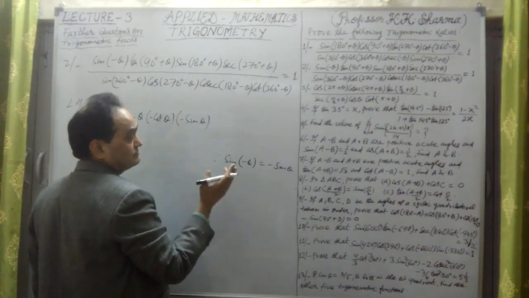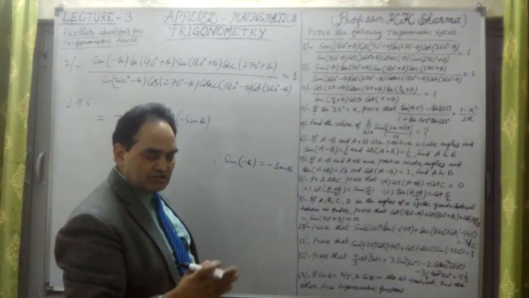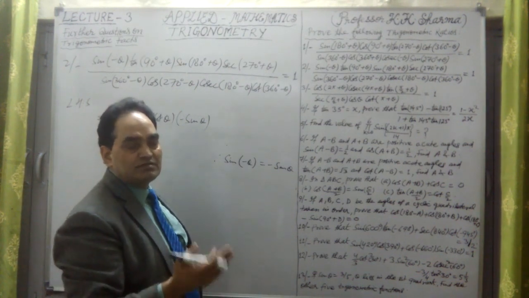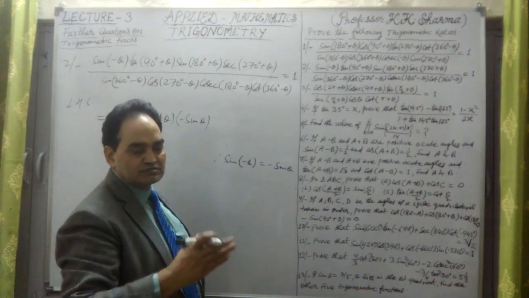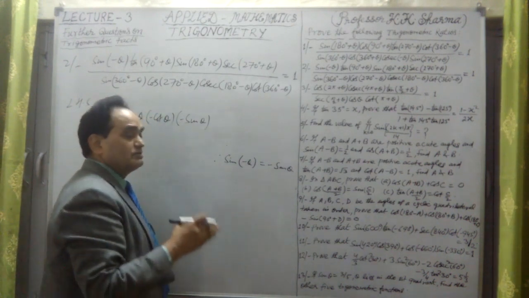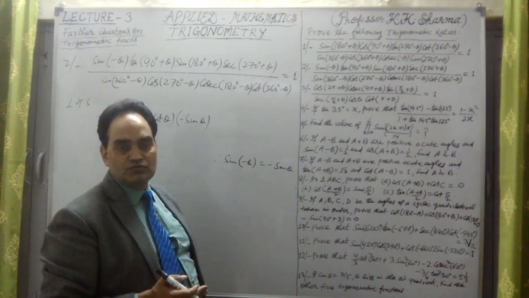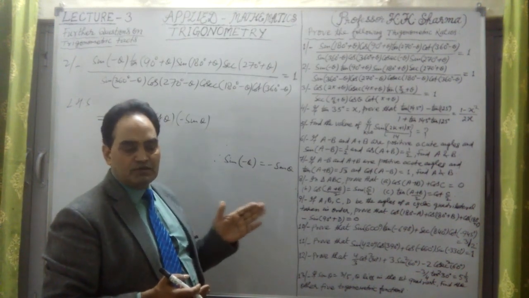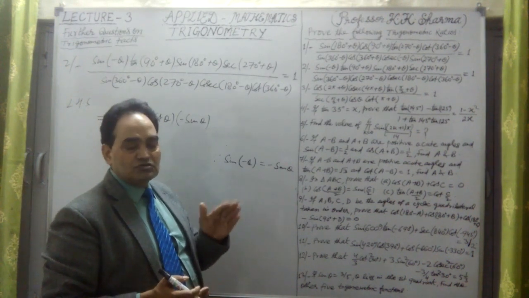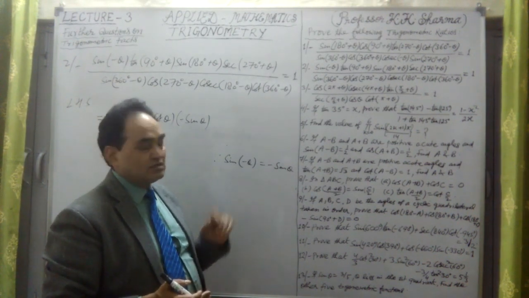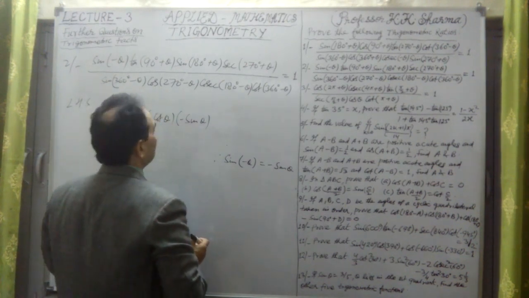Because 180 plus theta, 180 minus theta, 360 degree plus theta, 360 degree minus theta are multiples of 180 degree, that means n into pi, n into 2 pi, the ratio stays direct, sine stays sine. But for multiples of 90, like pi by 2, 3 pi by 2, 5 pi by 2, which are multiples of 90 degree or pi by 2, sine becomes cos, cos becomes sine, tan becomes cot, sec becomes cosec, cosec becomes sec. That's the process. Just remember the multiples of 90 degree and 180 degree.